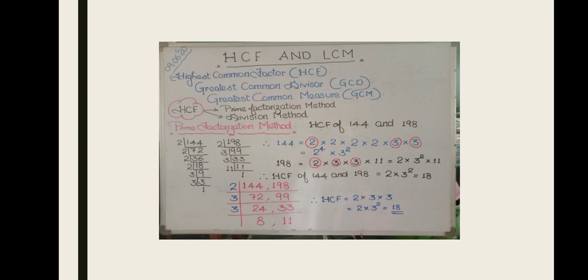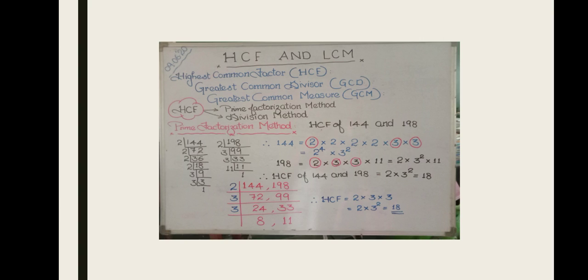In the same way 198: it is divisible by 2, the least prime number, and then by 3, then again by 3, then 11. Go through this example very clearly. The prime factors of 198 are 2 into 3 into 3 into 11, that is 2 into 3 raised to the power 2 into 11.